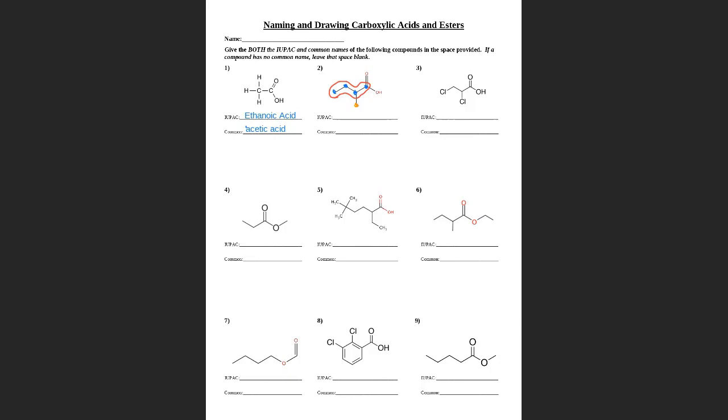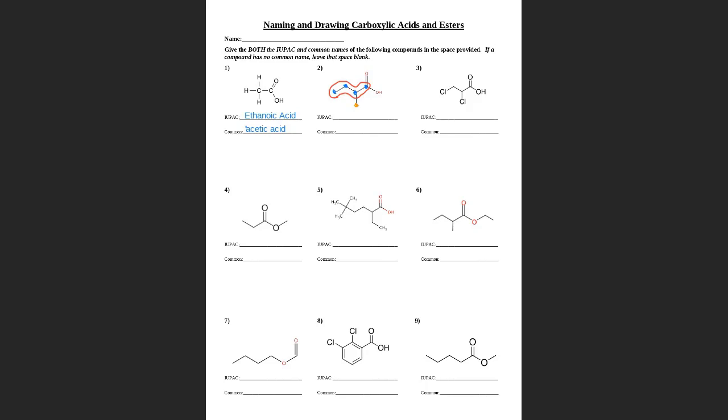So just as you mentioned before, the root name is going to be butanoic acid, because it's butane, a 4-carbon chain, but because it is an acid, we're going to call this butanoic acid.